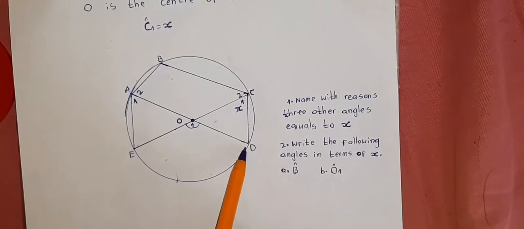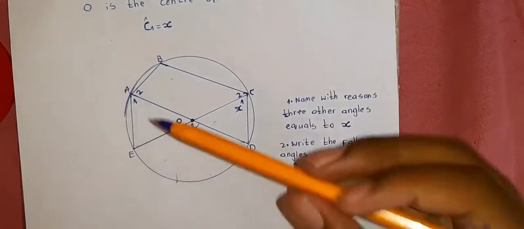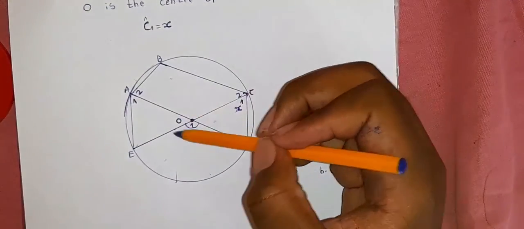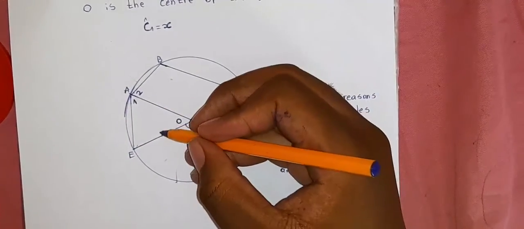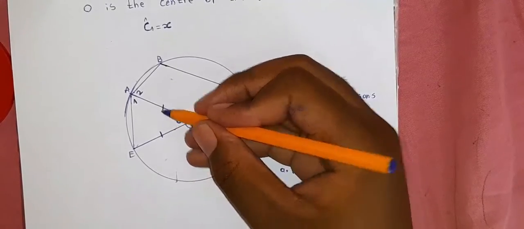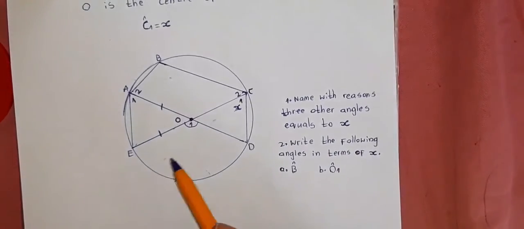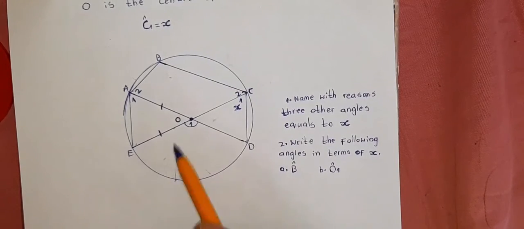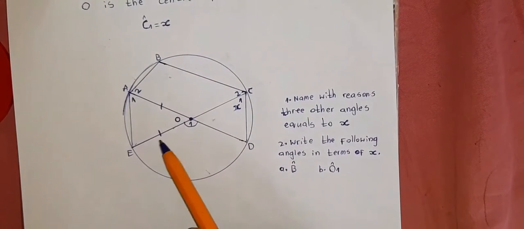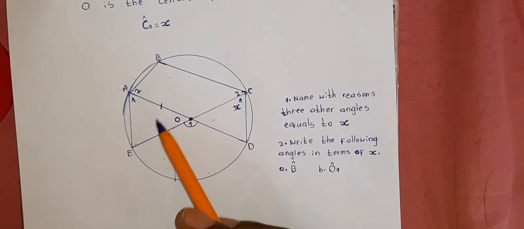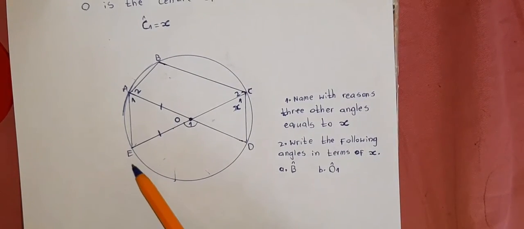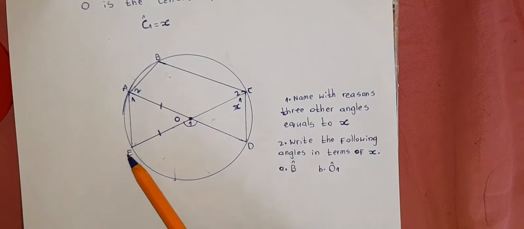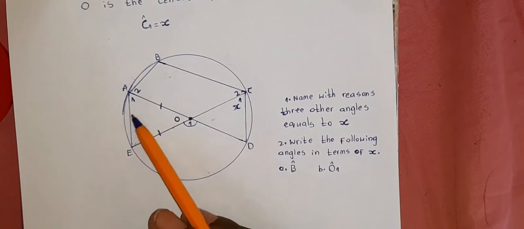If this here is a diameter, that means these here are radii. Remember that a radius is a line from the center to any point on the circumference. So if these are equal, that means this angle here, angle E, is equal to angle A1.